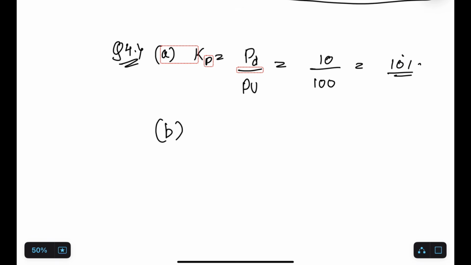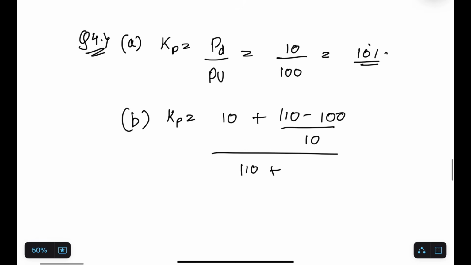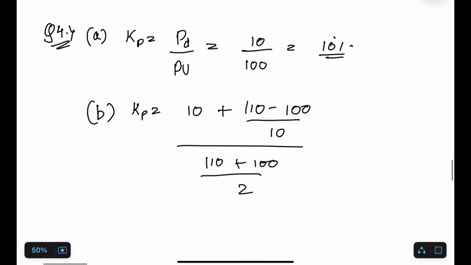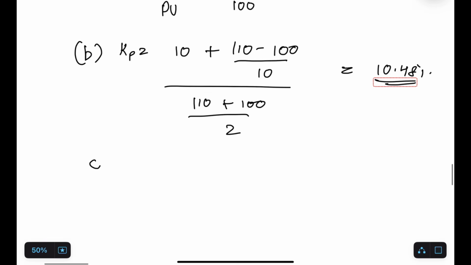So here RV is 110 rupees. Cost of preference share would be 10 rupees preference dividend plus the difference between RV and PV divided by the life of the security, upon the average of RV and PV. When we calculate this, we get approximately 10.48% cost of preference share.